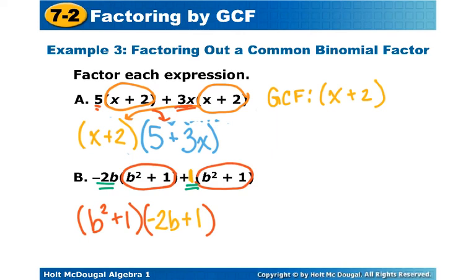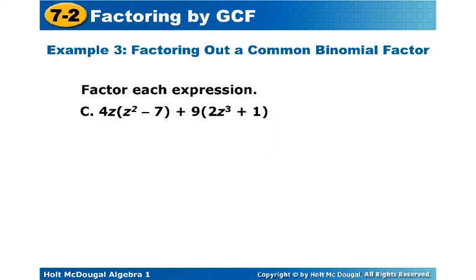All right, let's go to the next example. So looking at these terms right here, are they the same? No, they're not, okay? And you can't even factor either one to make it look the same. Meaning, this is going to be a problem that cannot be factored.